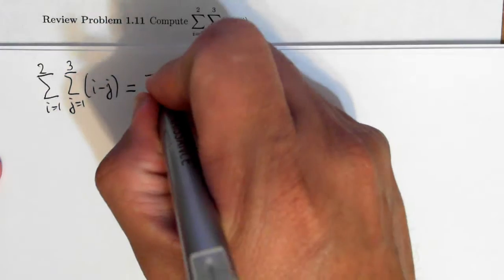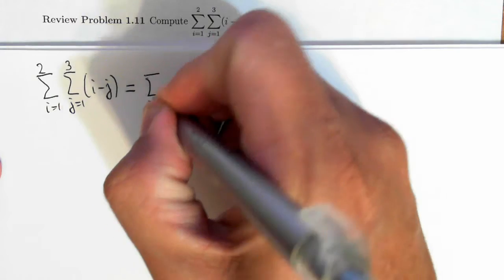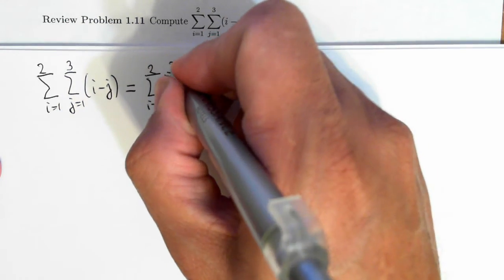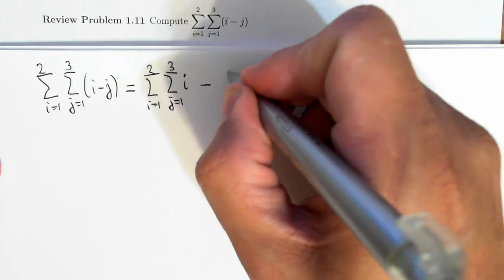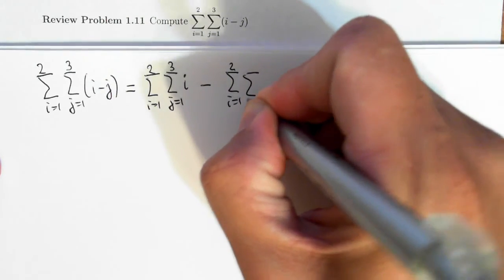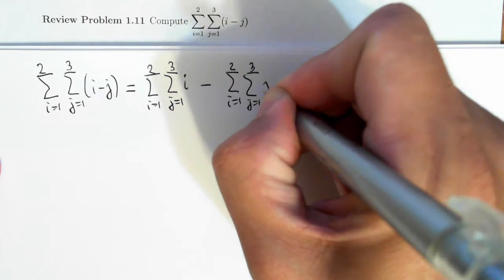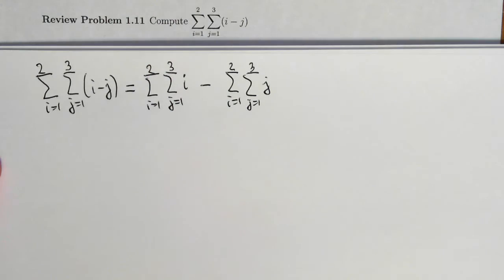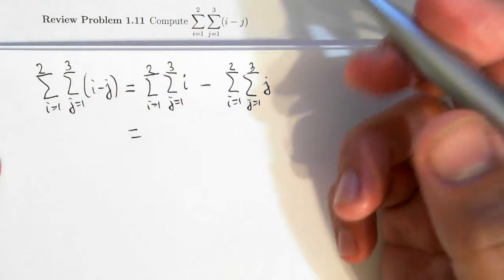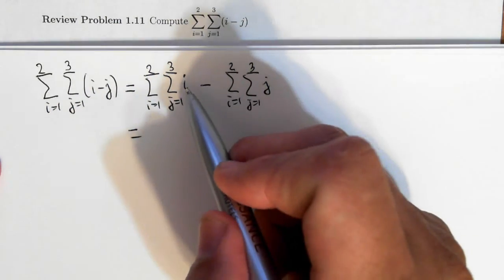Okay, so let's split up the double sum, just like we can split up single sums. Summation i equals 1 to 2 of summation j equals 1 to 3 of i, minus summation i equals 1 to 2, summation j equals 1 to 3 of j. Okay, now let's see, what do we get here?